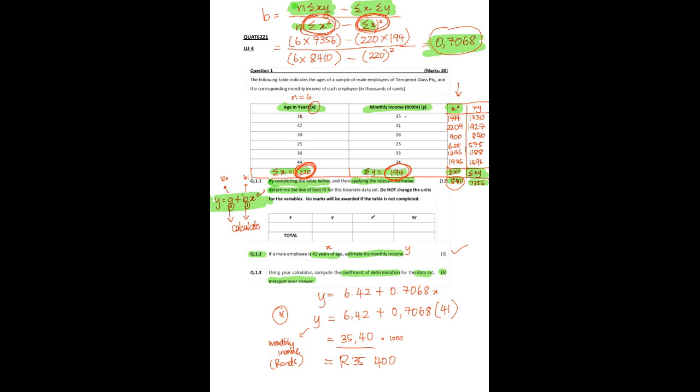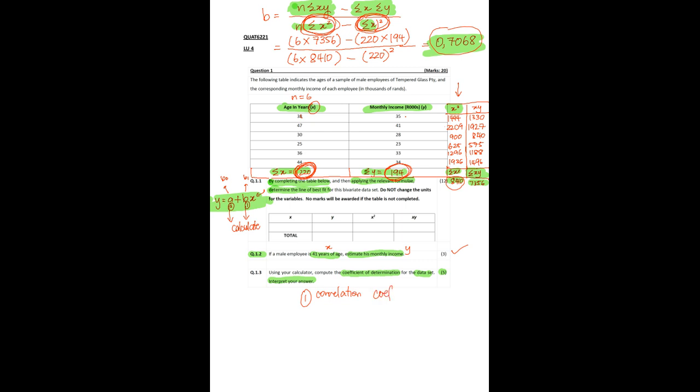In the correlation section of this learning unit, there are 2 calculations. You have the correlation coefficient, which is the first one. This is denoted by the letter R. So we calculate R, the correlation coefficient.